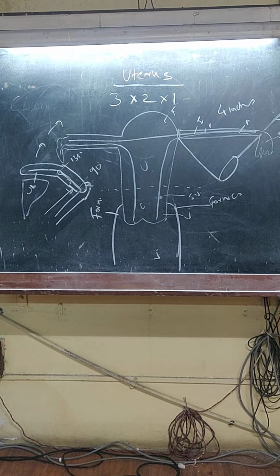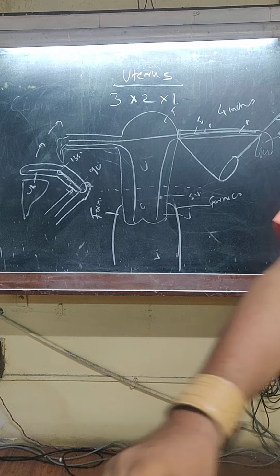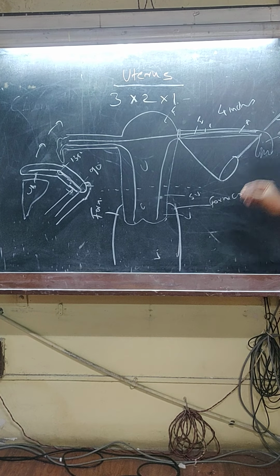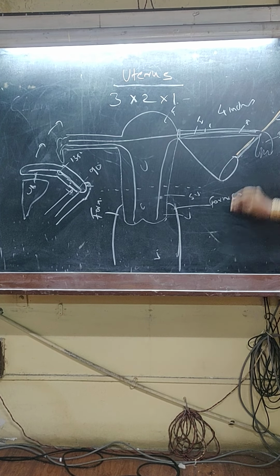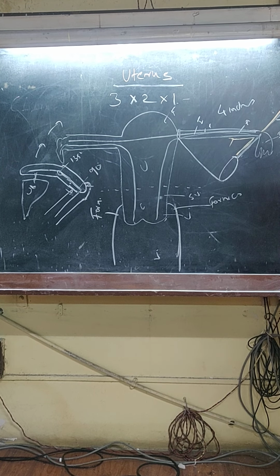The suspensory ligament of the ovary contains the ovarian artery. This ovarian artery will also supply the lateral 1/3 of the uterine tubes or fallopian tubes. See here, this is the ovarian artery.